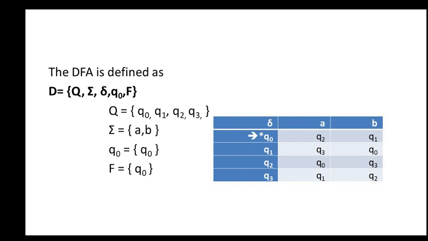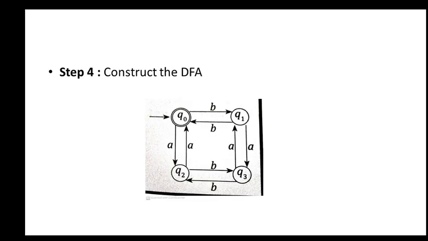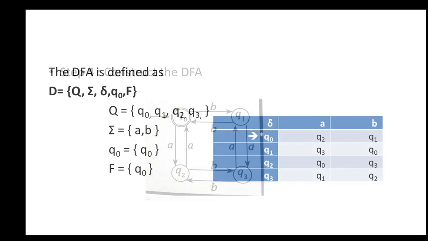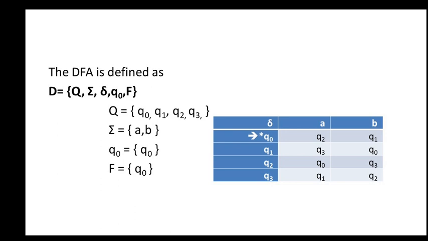The transition function from the previous DFA, we can write as: transition from Q0 on input symbol A is Q2, from Q0 on B is Q1, from Q1 on A is Q3, from Q1 on B is Q0, from Q2 on A is Q0, from Q2 on B is Q3, from Q3 on A is Q1.